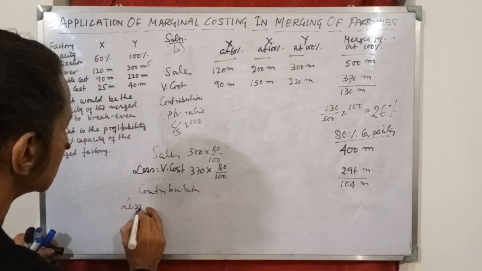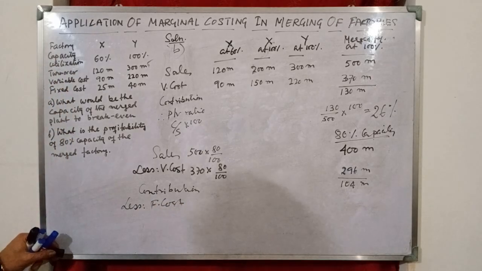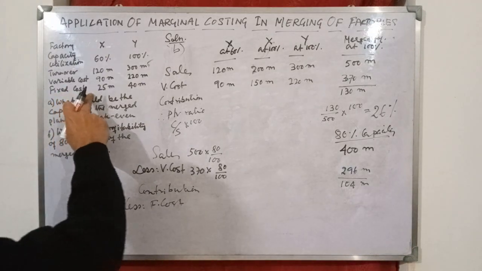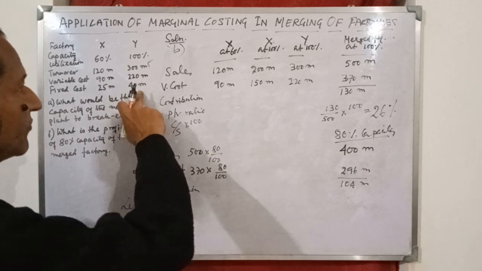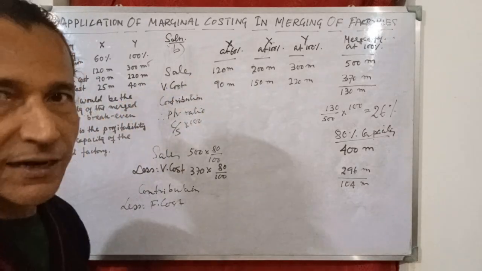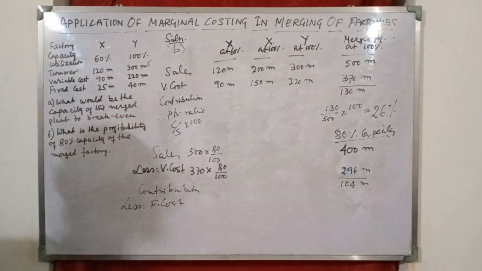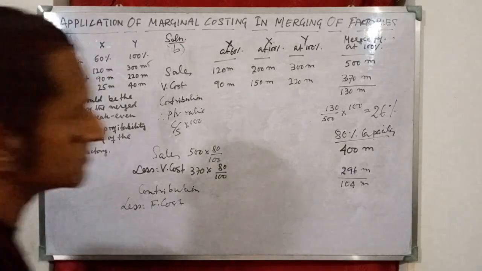Less fixed cost. What is the fixed cost of the merged plant? Fixed cost of factory X is 25 million and that of factory Y is 40 million, and fixed cost remains fixed till 100% capacity. So the total fixed cost of the merged plant is 40 plus 25, that is 65 million.